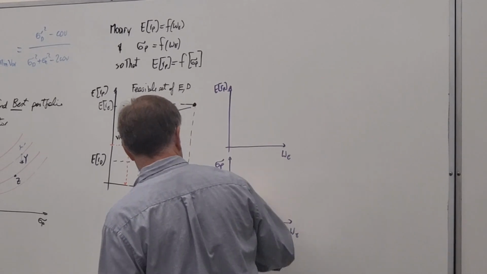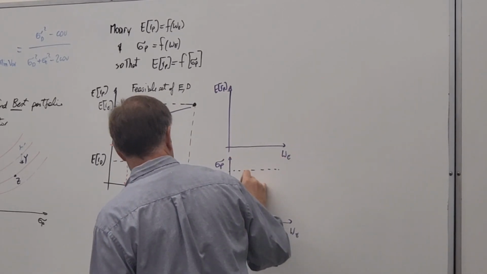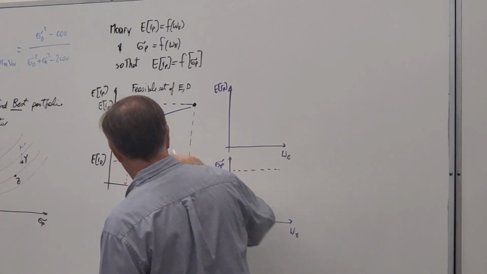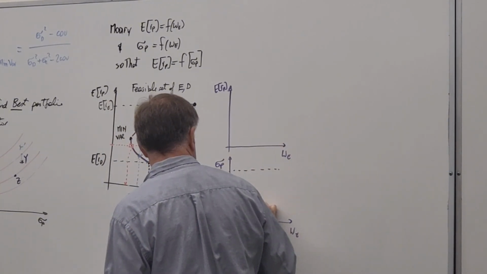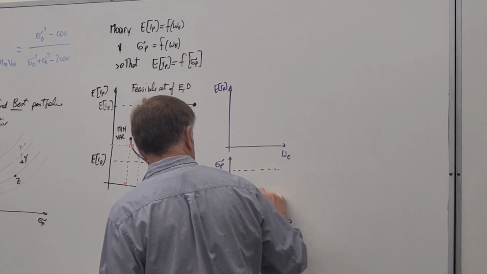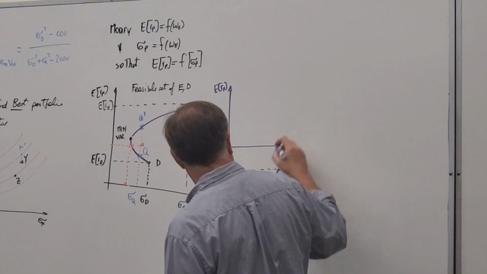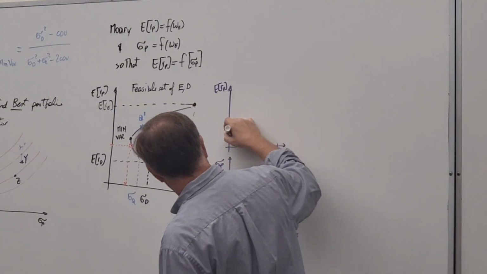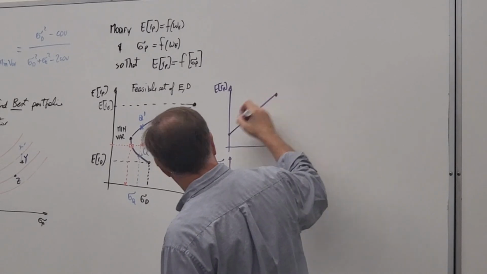So lowest, highest, sorry, D, E, lowest is somewhere around here. So you start from here, and you get there. Do you agree with that so far?